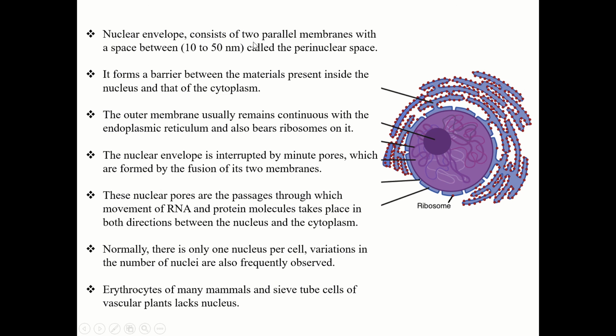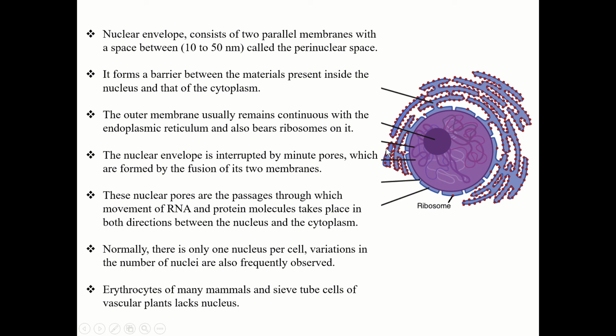The nuclear envelope consists of two parallel membranes with a space of 10 to 50 nanometers called the perinuclear space. The space between the inner membrane and outer membrane is the perinuclear space. It forms a barrier between the material inside the nucleus and the cytoplasm.